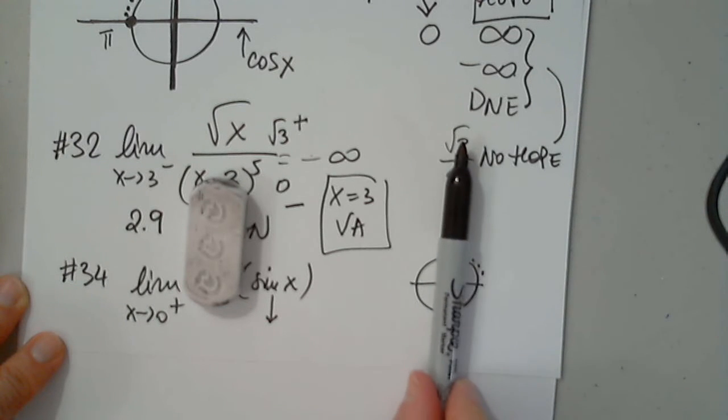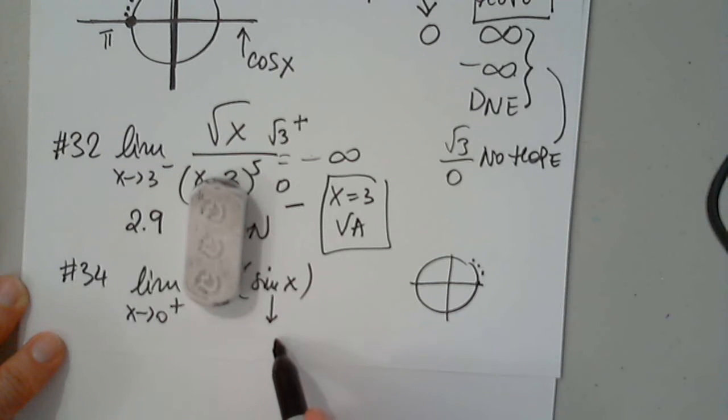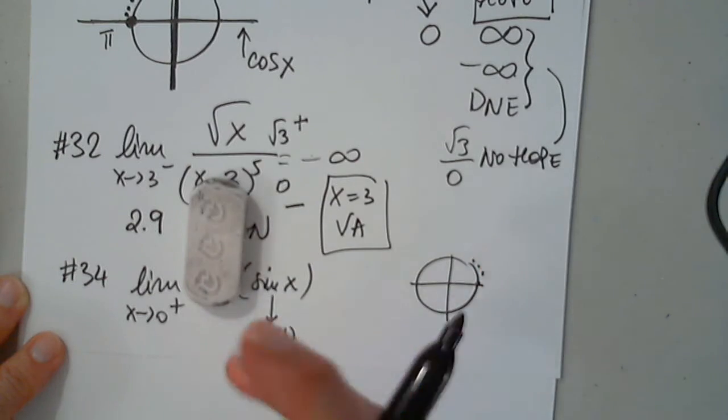Sine is measured on the y-axis. What is the y value of this point? Zero. Excellent. Of course, it's 0. 0 from the positive values, not 0 from the negative. 0 from the positive.